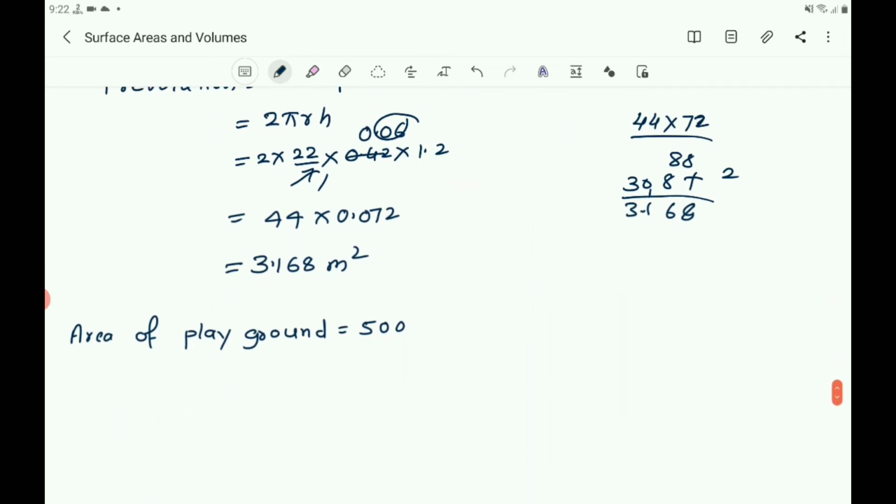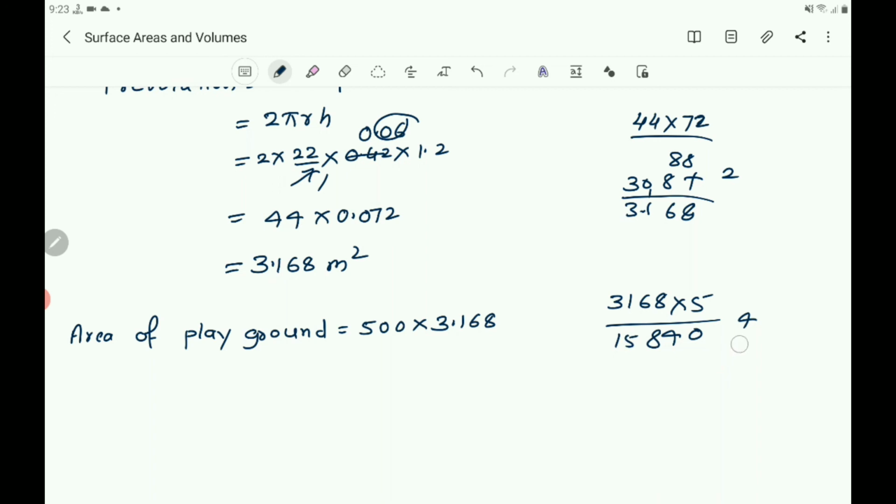So we have to multiply this CSA by 500, 500 into 3.168. So you multiply 3168 into 5, which gives 15840.